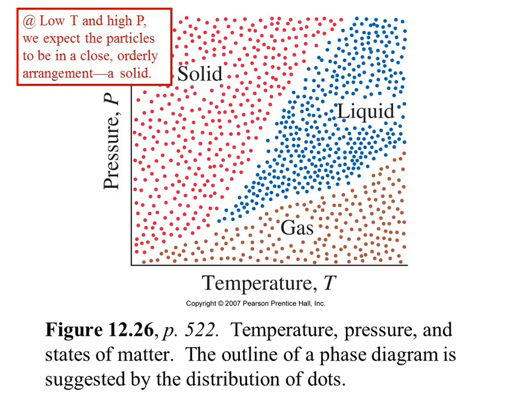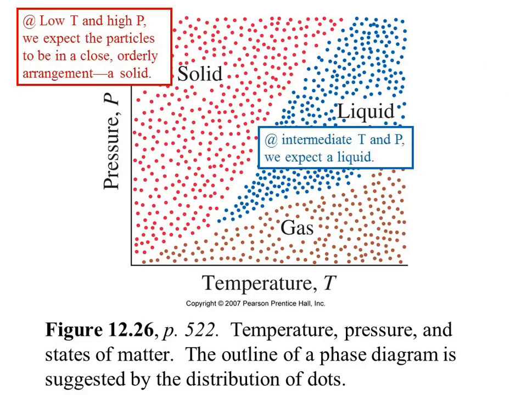Okay, so I said pressure increases going up along the y-axis, temperature increases going to the right. So over here in this quadrant, do you buy this, that we have high pressures and low temperatures? High pressures, low temperatures. Think ice cube. And that's actually what we know to be the case, matter tends to be in its solid state at high pressures and low temperatures.